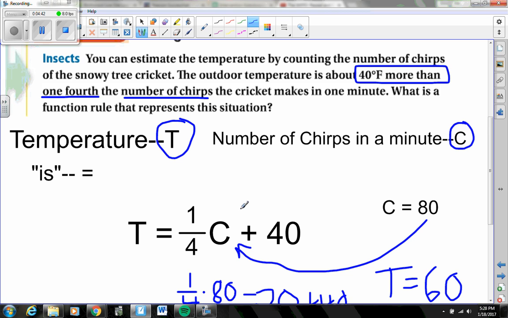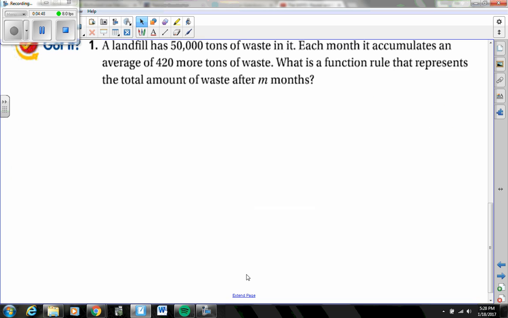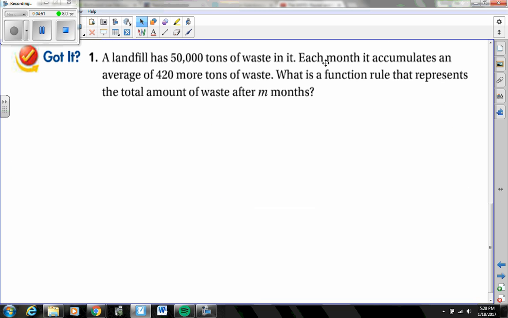I'd like you to try one here real quick. It says a landfill has 50,000 tons of waste in it right now. Each month, it accumulates an average of 420 more tons of waste. So the information we need to have in our mind is that we're starting with 50,000, and then we add on to that 420 more each month.